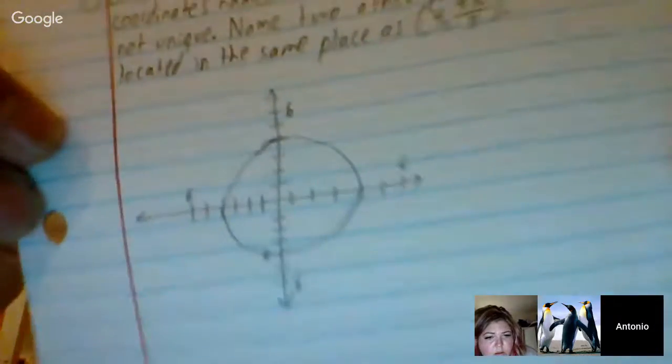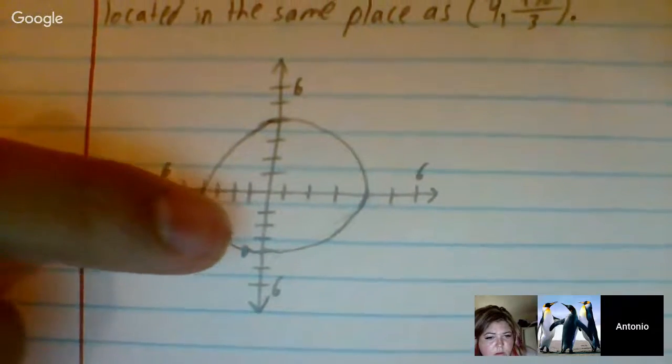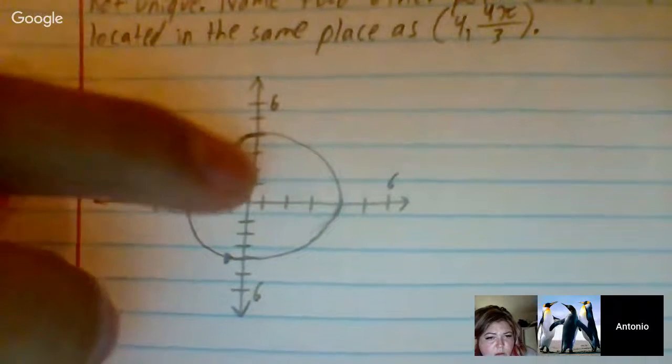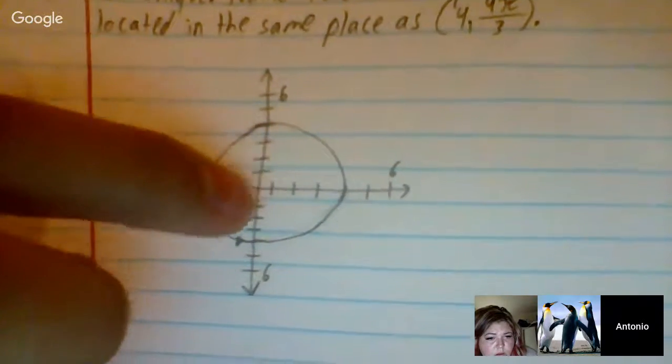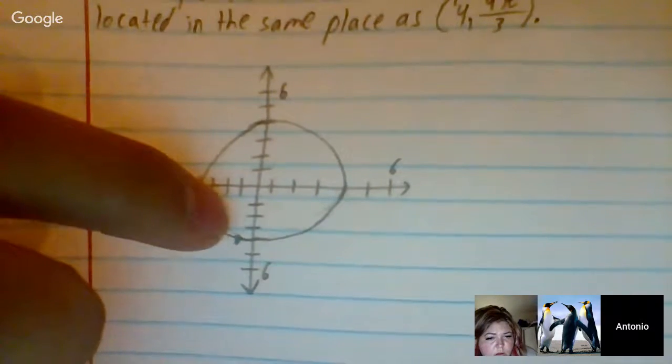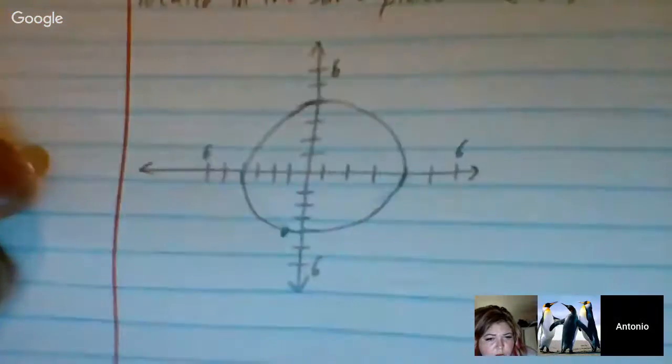I drew this circle, and so it's on 4 right now. If I were to draw the lines that go from 1 to 3, it would be 3, 4 pi over 3. So here, let me draw that.